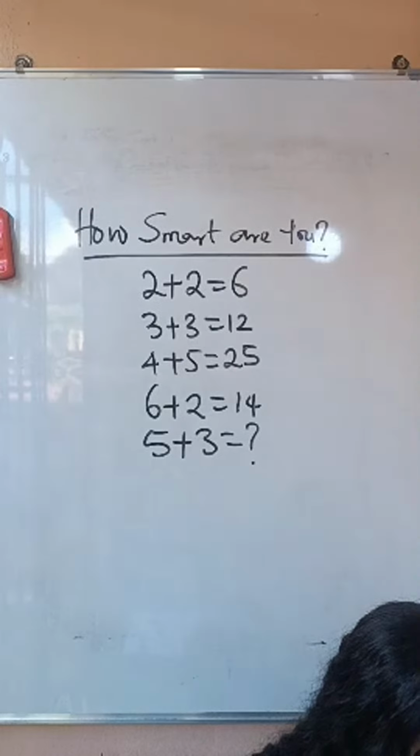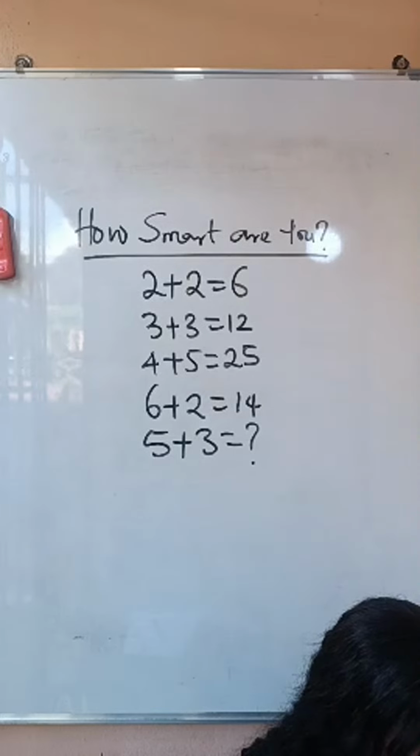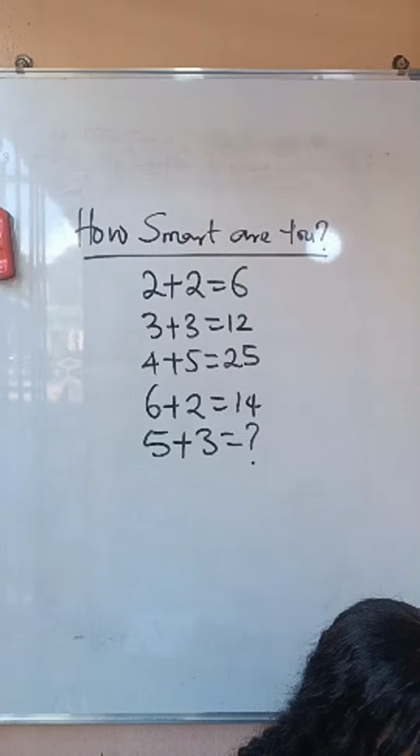5 times 3 equals 15 plus 3 equals 18. Wow, that's from Arabio. Nice one. Let's see who's going to come up with another trend or another sequence.